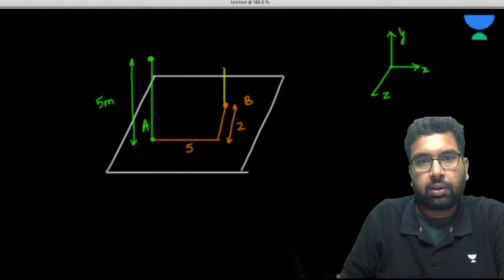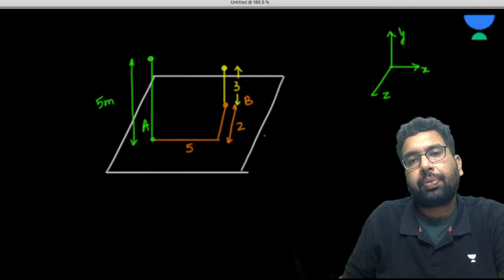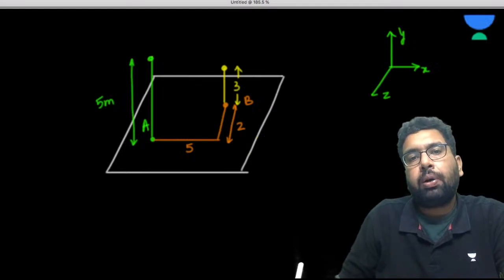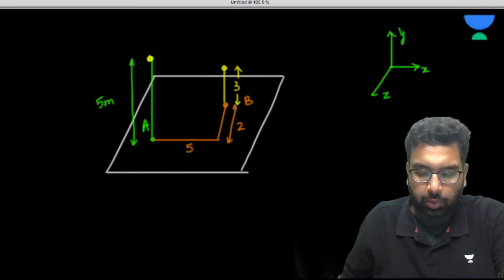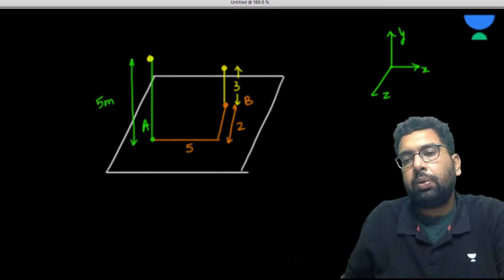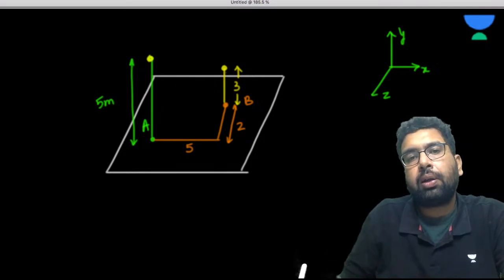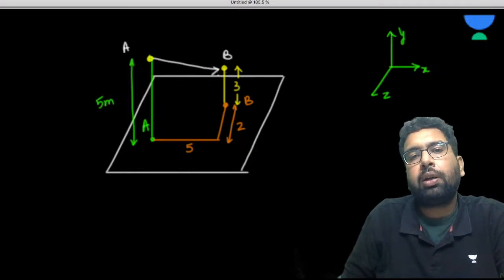Now a bird flies from this point to this point. So what is going to be the displacement of the bird? It is going to be this, that is the displacement vector. If I make A and B, this is going to be the displacement vector.